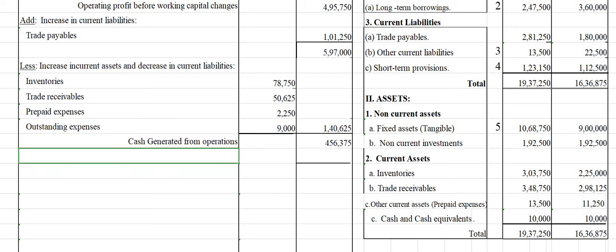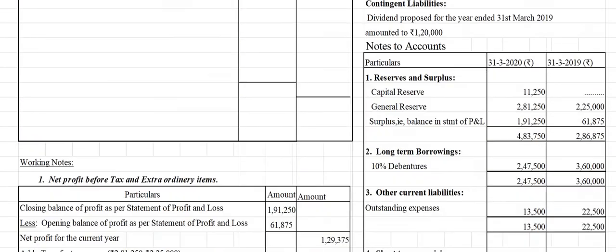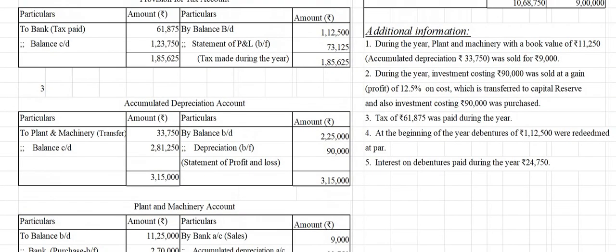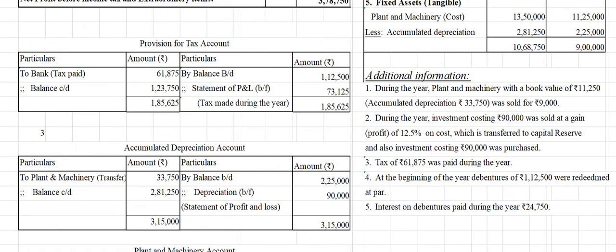So what is the next step? From this we have to deduct income tax paid, and then we will get cash flow from operating activities. Income tax paid was given in the adjustment itself, and we have prepared the account also: 61,875. That is given here also, isn't it?